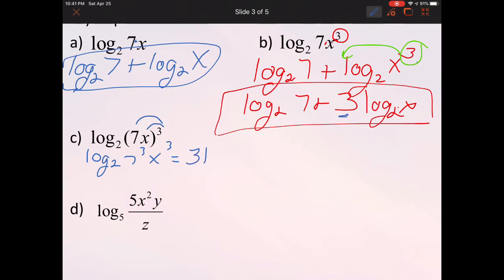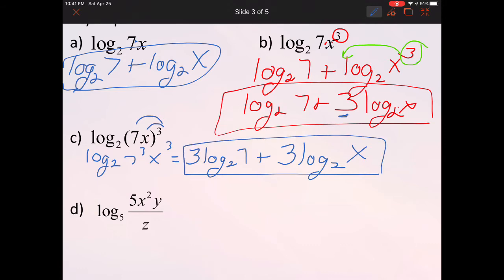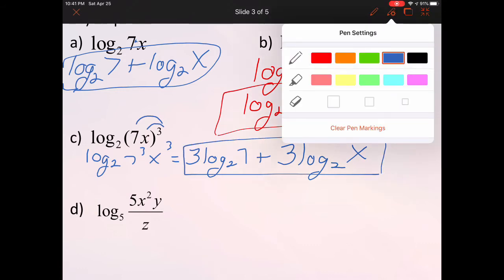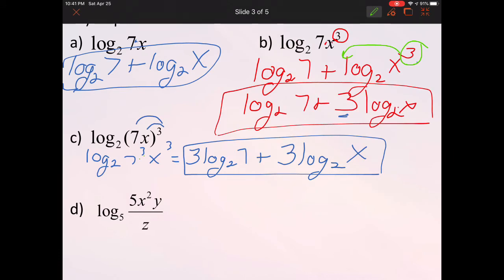So 3 times the log base 2 of 7 plus 3 times the log base 2 of x. Here's your answer. This 3 and this 3 will go in front of both logs separated by that multiplier.